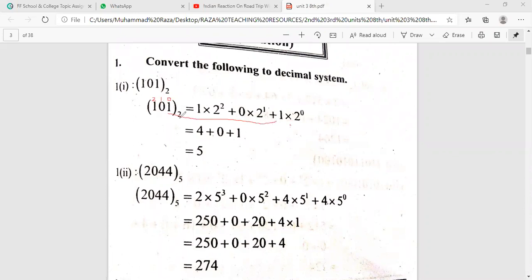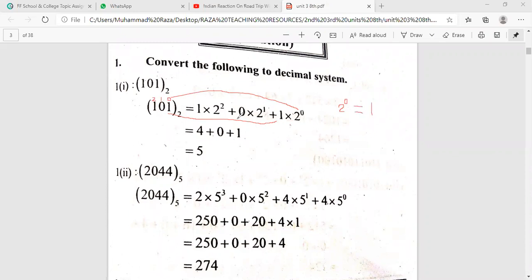Then we write base 2, multiply 2, and this power, which we show here as 0, will be the power of 2. Now we know that if the power of any number is 0, then that number equals 1.